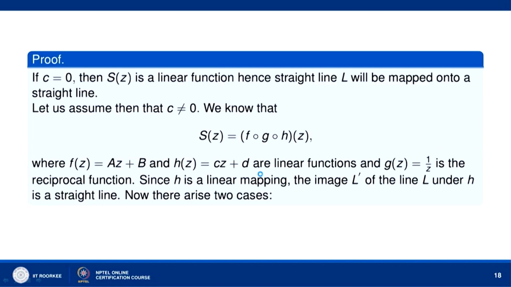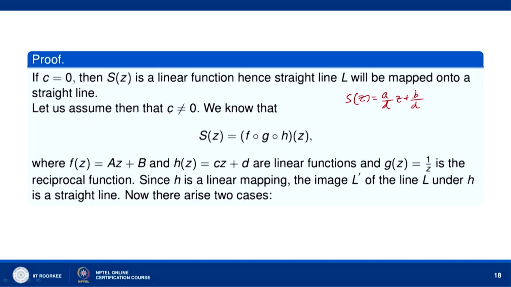If C is equal to 0, then as we noticed earlier, S(z) equal to A by D into z plus B by D, which is a linear function. So, linear functions preserve the shape of the figure. If it is a straight line, it will remain a straight line under the mapping S(z). So, the straight line L will be mapped into a straight line.